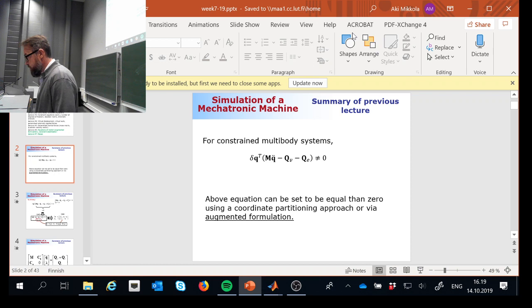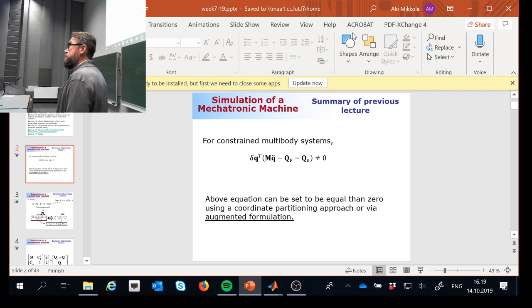So let's first summarize what we discussed last week. We got started last week by creating the equation of motion, and everything started from the system that was not constrained. A system where there were no constraints that combine the generalized coordinates together, but the bodies can move however they want. So there was no coupling between the bodies.